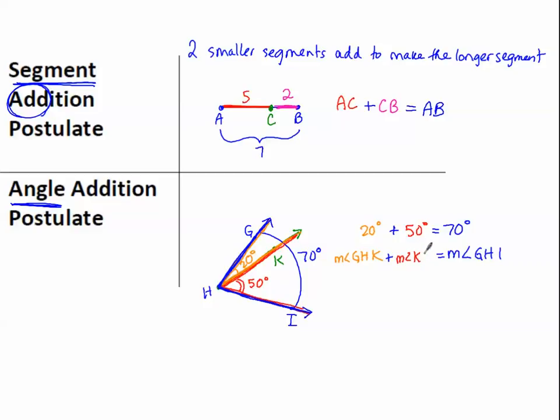Measure of angle KHI. So just like segments, we're adding 2 small angles, add to make the larger angle.